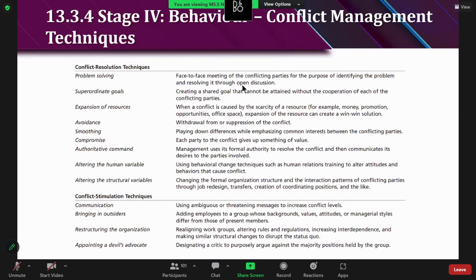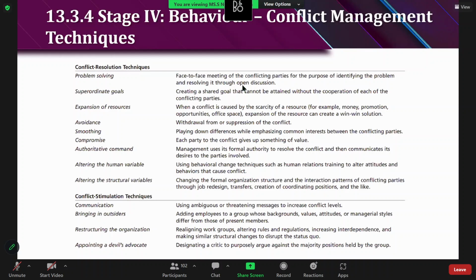Authoritative command: management can use their formal authority to resolve the conflict. Altering human variables, like human relations training to alter the attitudes or behavior of people. And altering structural variables, like changing the organizational structure, interaction patterns, using transfers, creation of coordinating positions, can be used to resolve the conflict.